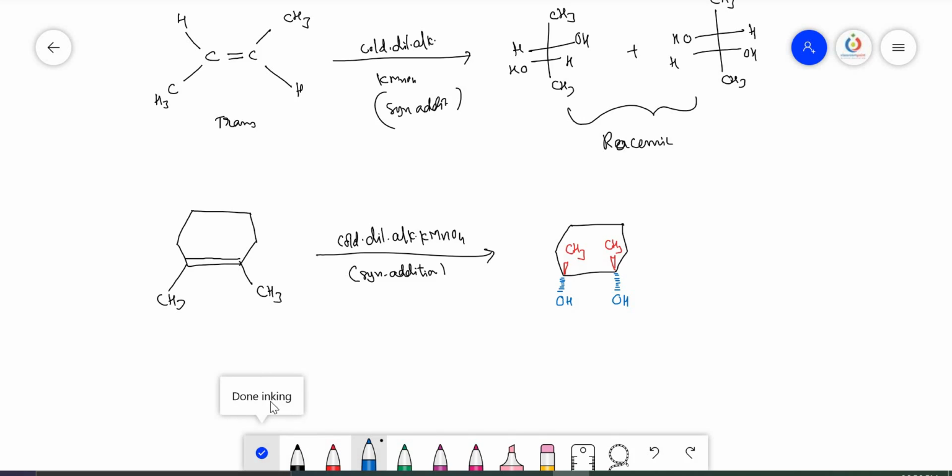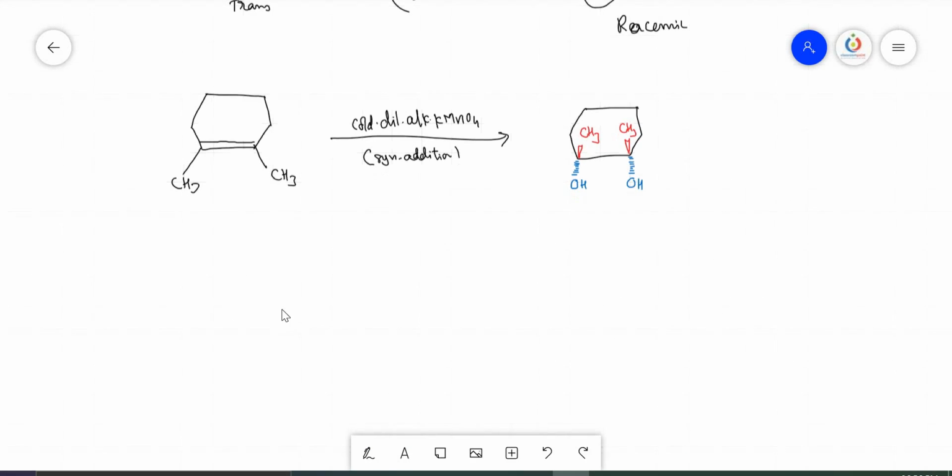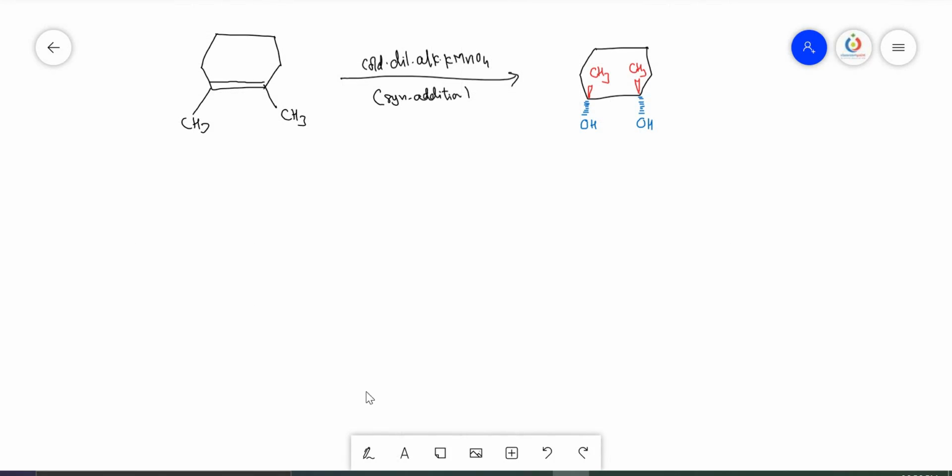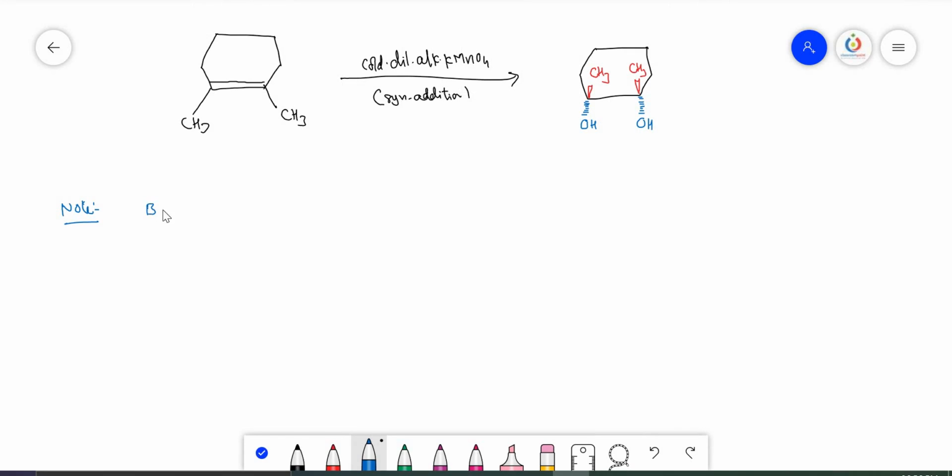The important thing is what is the use of this reaction. It has many applications; one important use is this. Note the point: Baeyer's reagent is cold dilute alkaline KMnO4, which is a pink colored compound.